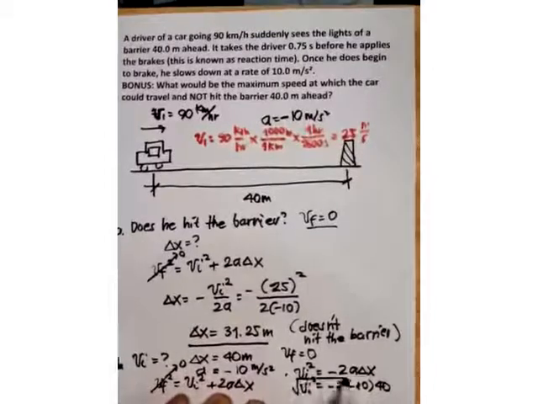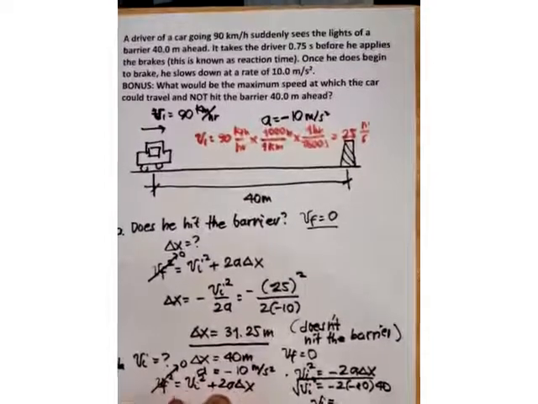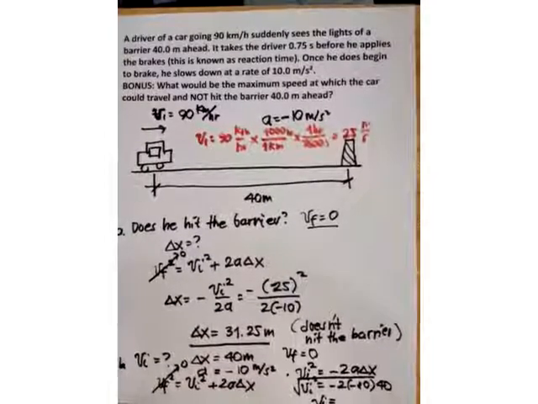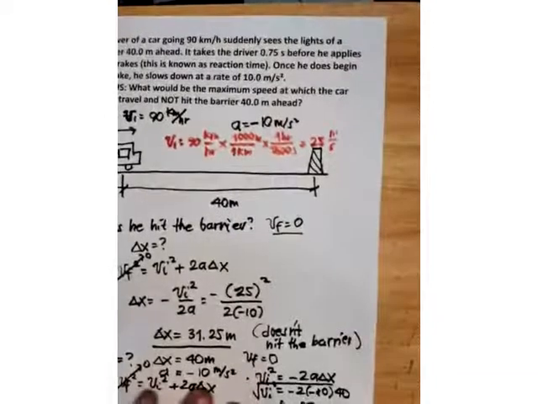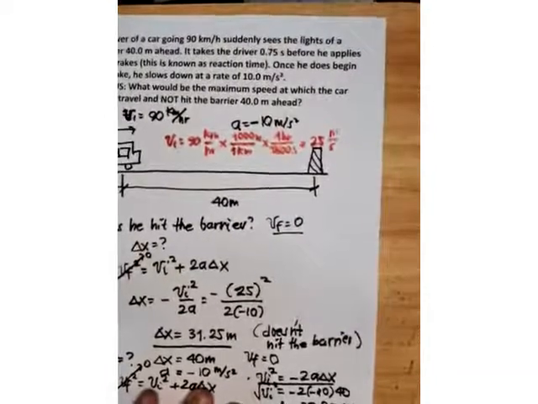And then we square both sides. So what's our initial velocity? Okay, 28.28. So tama. So 28.28 meters per second.